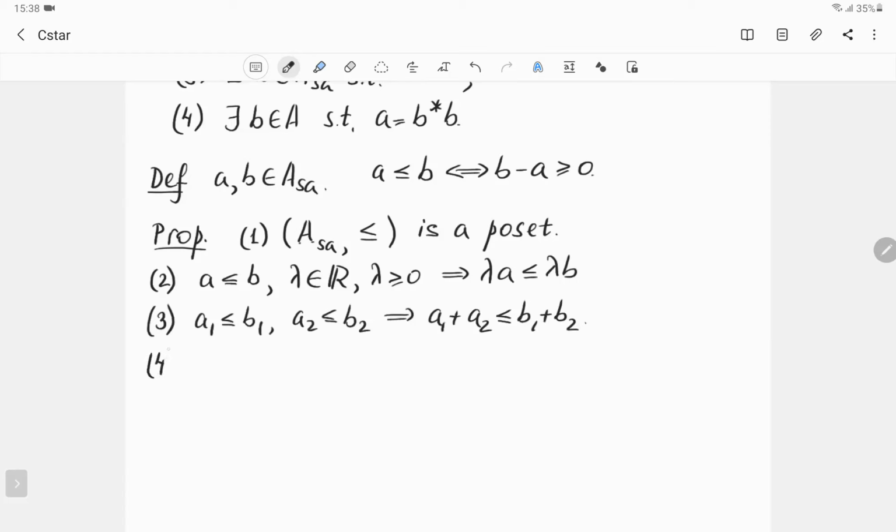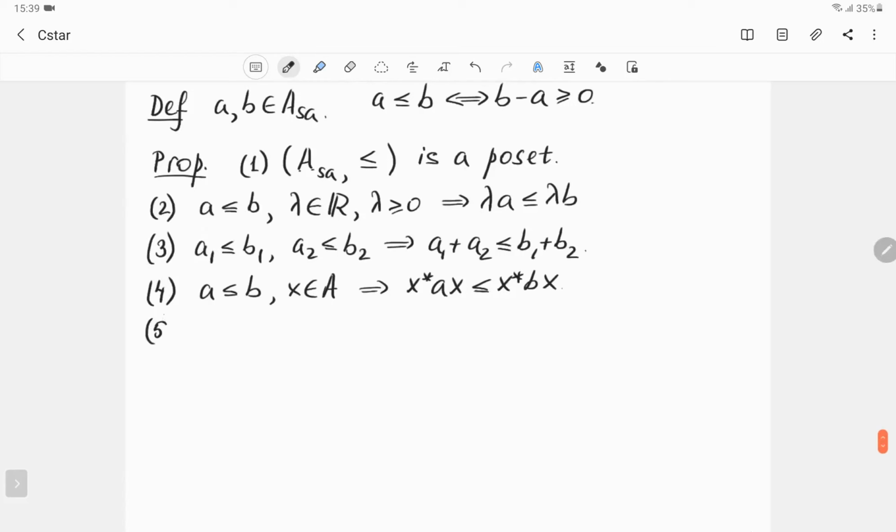Property 4, if A is less than or equal to B and X is an arbitrary element in our algebra, then X star AX is less than or equal to X star BX. Looks a bit technical, but this is very convenient, as we will see.